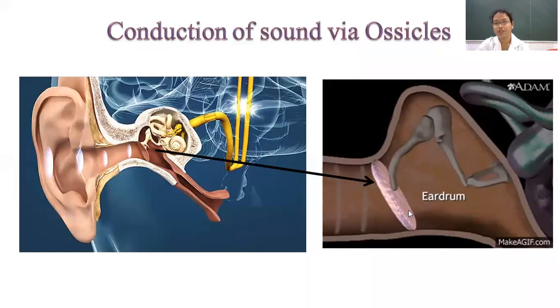As each sound wave strikes the tympanic membrane, the ossicles start moving in an orderly fashion. If you look at this foot plate, it is coming in and out at the oval window. This whole process is quite complex.